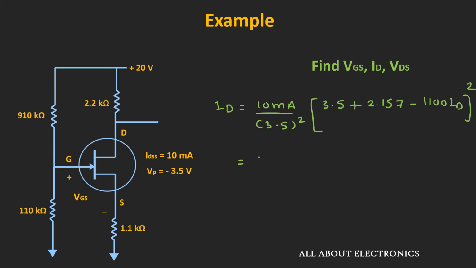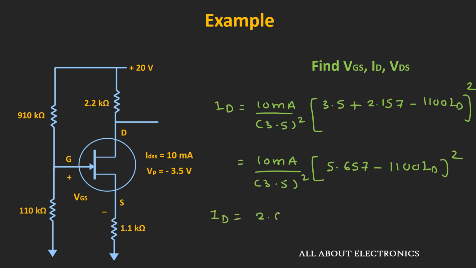That is equal to 10 milliampere divided by 3.5 whole square times (5.657 minus 1100 ID) whole square. So if we further simplify this expression, then this drain current ID will be equal to 2.61 times 10 to the power minus 2 minus 10.16 times ID plus 987.7 times ID square.